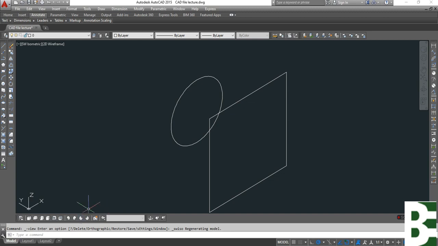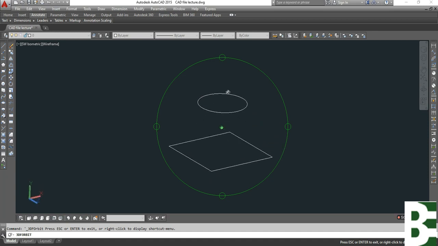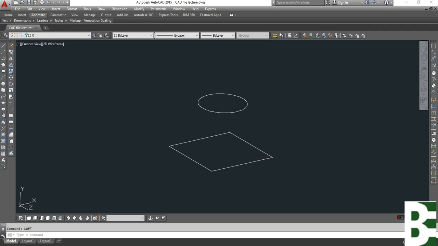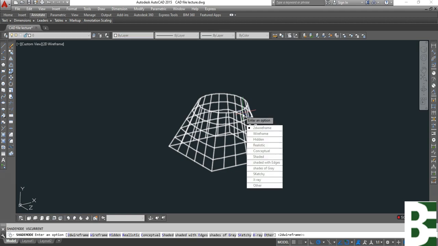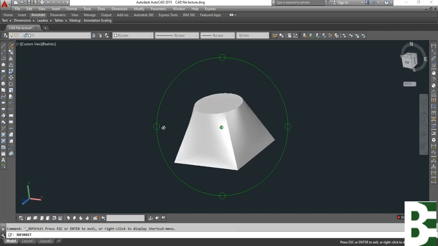Now I will change into 3D. Now look, this is my transition. It will look like this.